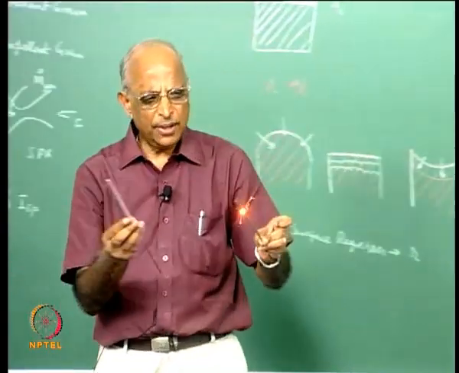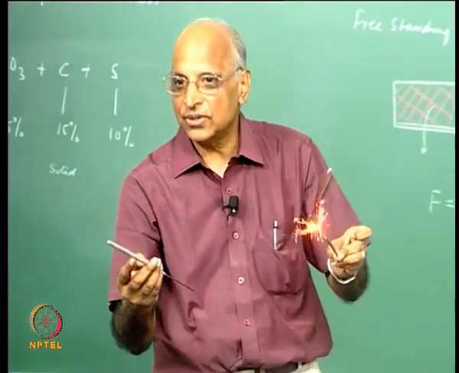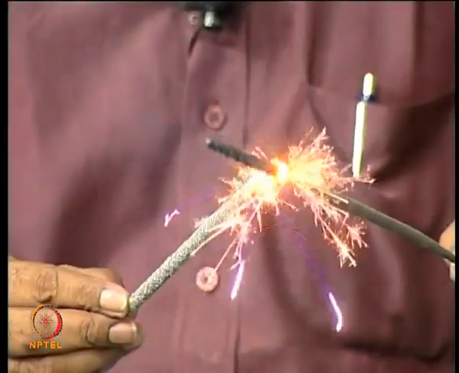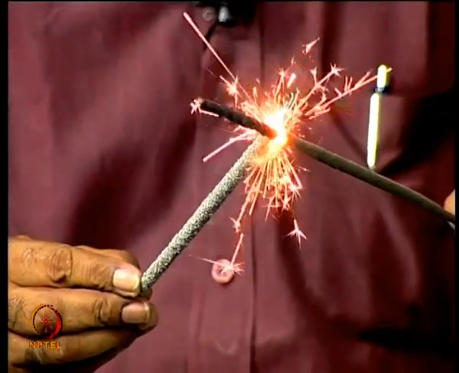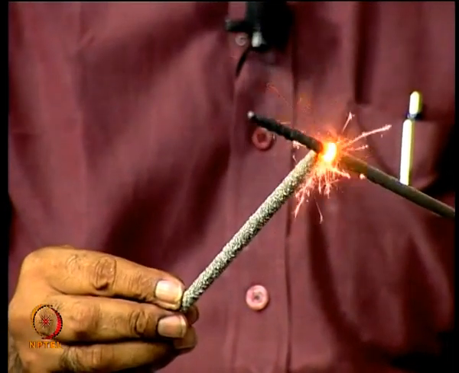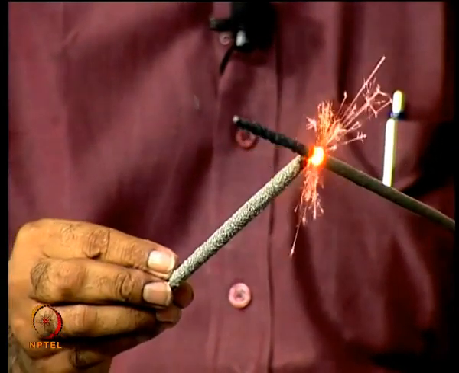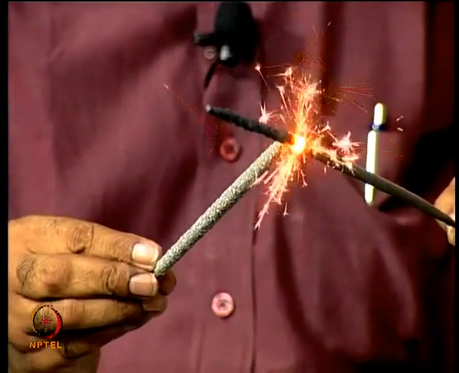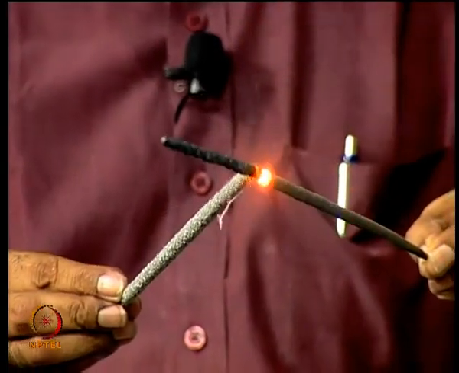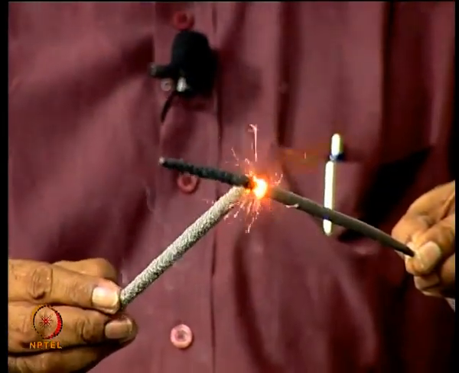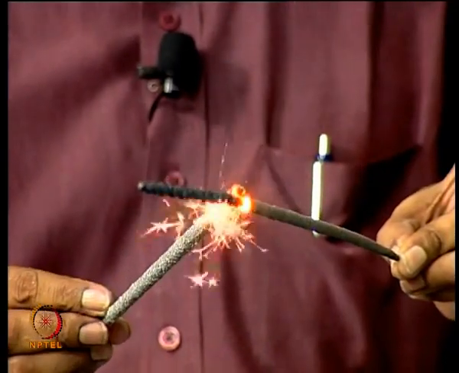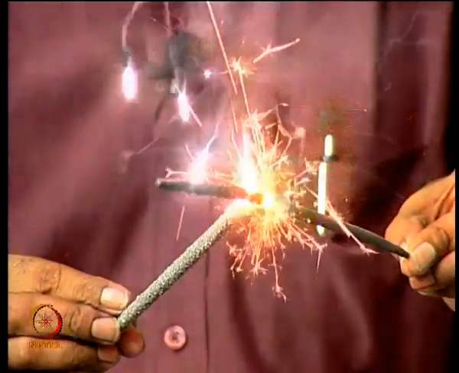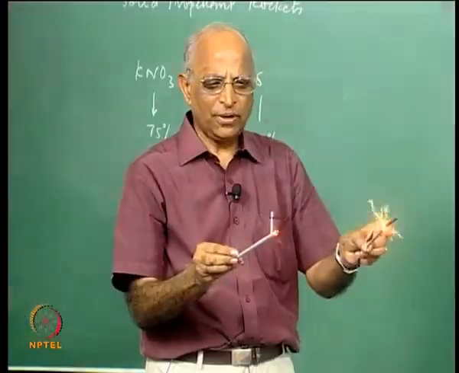In this sparkler the same composition is used, but some iron filings are used, some metal is added, and if I were to ignite the metal, you see the distinct effect of the metal.